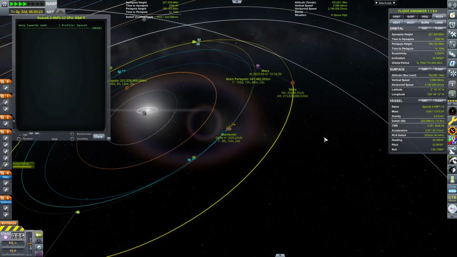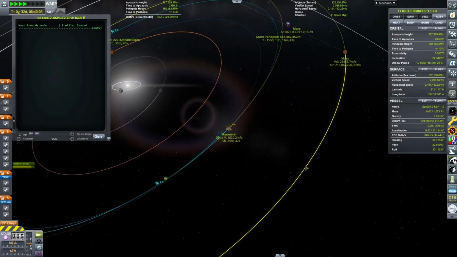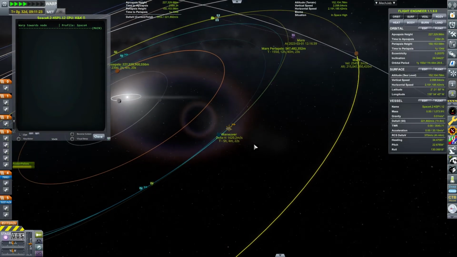Okay, so we are reaching our point to do our current burn, to do Mars interception. 4 hours, 3 hours, 2, 1.